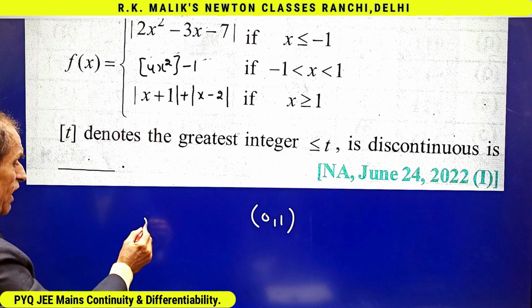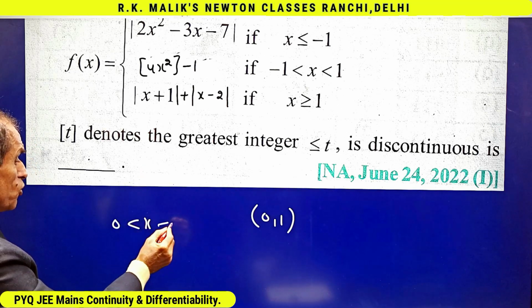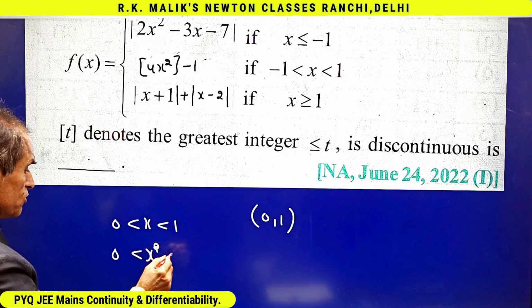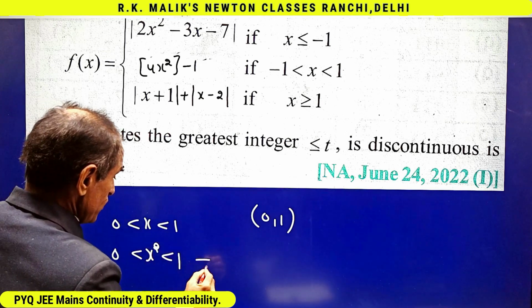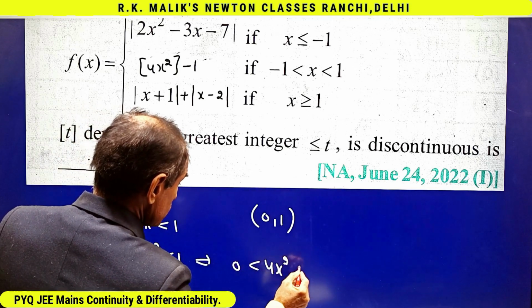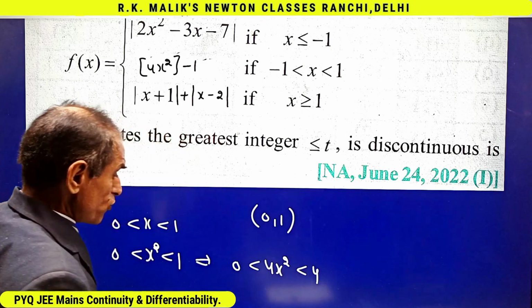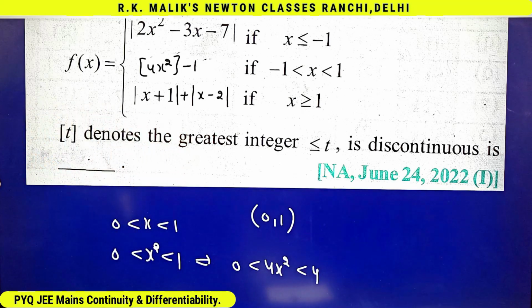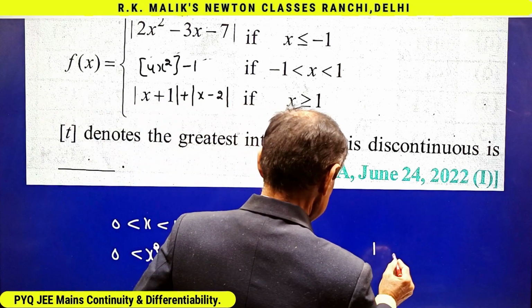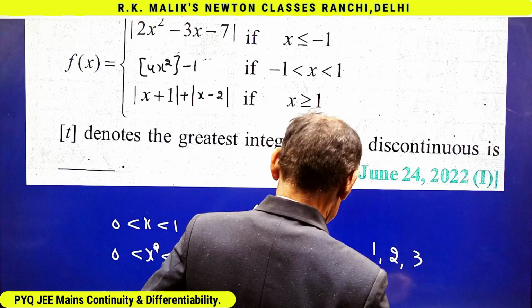Now, if x lies between 0 and 1, x square will also lie between 0 and 1, which means 0 is less than 4x square less than 4. Therefore, the possible integral values which 4x square can take are 1, 2 and 3.